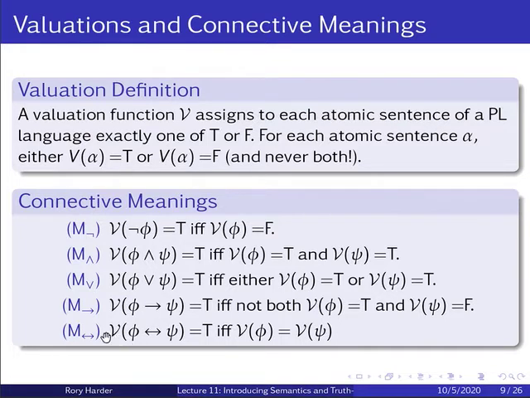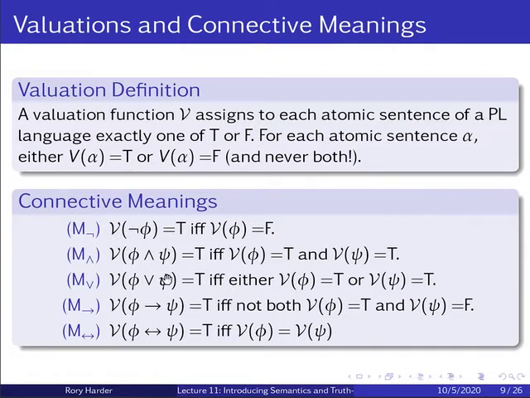But finally, the biconditional sentence, phi if and only if psi, is assigned true just in case both of the parts of it, phi and psi, are assigned the same value. Okay, so now I'm going to go through each of these connective meanings and give you a simpler way of stating what these mean.